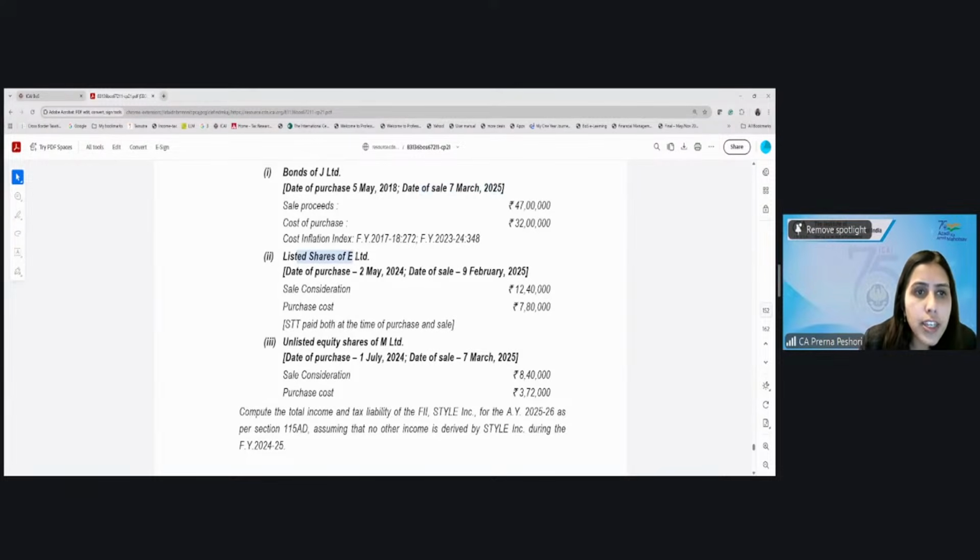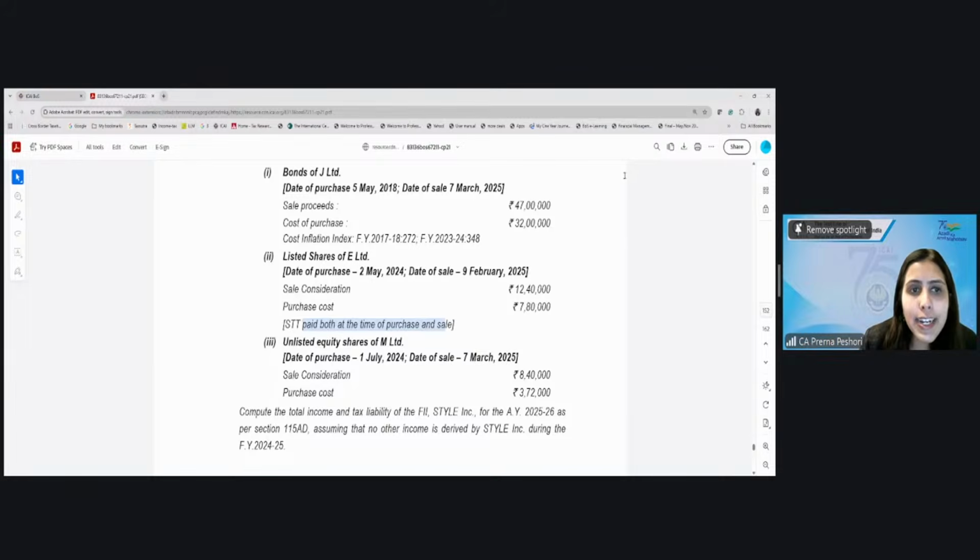Listed shares of E Limited, date of purchase 2nd May, date of sale 9th February, sale consideration 1240, purchase cost 780, STT paid both at the time of purchase and sale. Earlier one was long-term capital gain. This is a short-term capital gain.